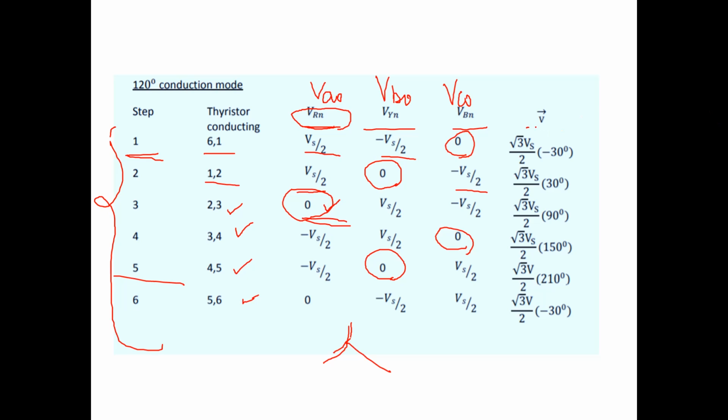To find the voltage, this is the formula, but the angle will be varying: minus 30, plus 30, plus 90, 150, 210 degrees, and minus 30 degrees. So the voltage value will be varying. These are the conditions for how to conduct in 120-degree mode using 6 thyristors with each different step. Thank you.